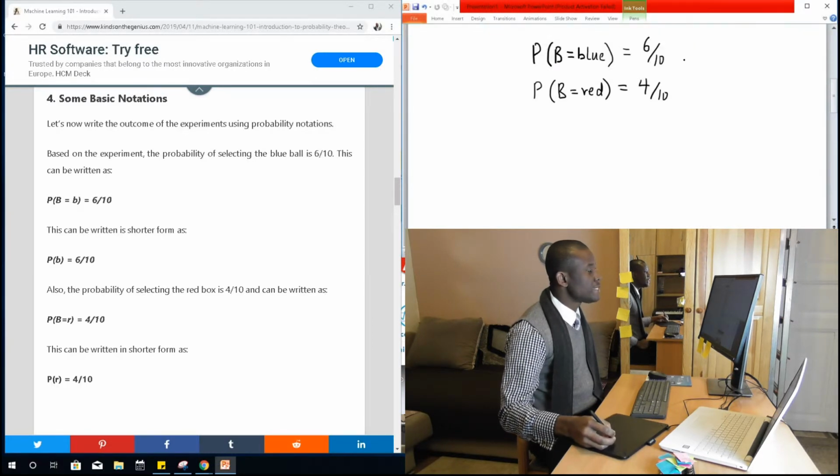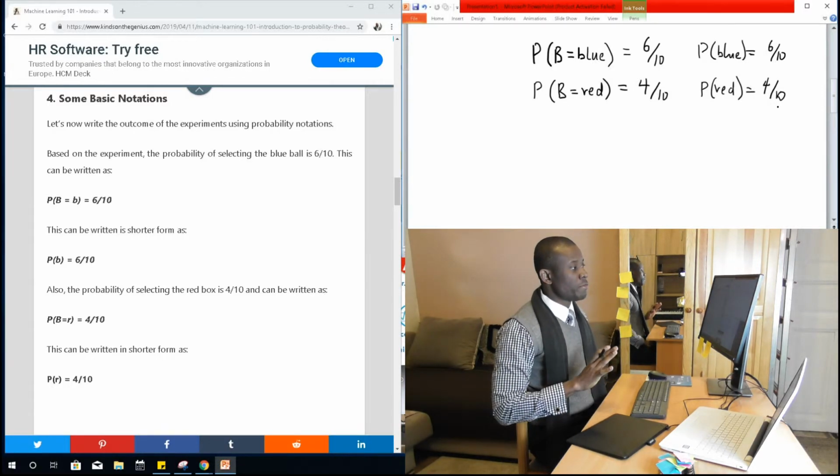Okay, so what we've written down can be shortened in this way. P of blue is equal to 6/10, and P of red is equal to 4/10.